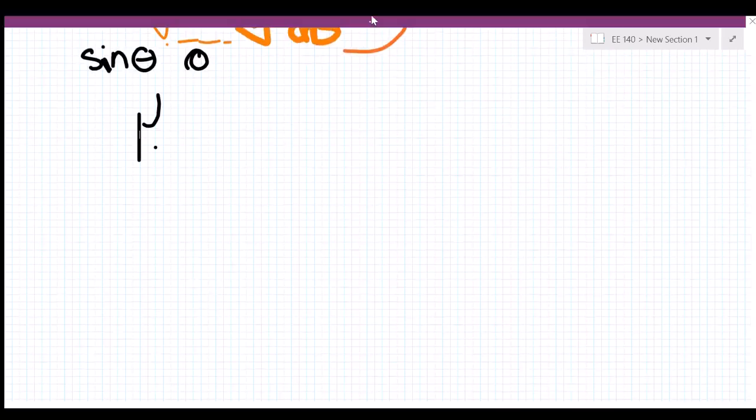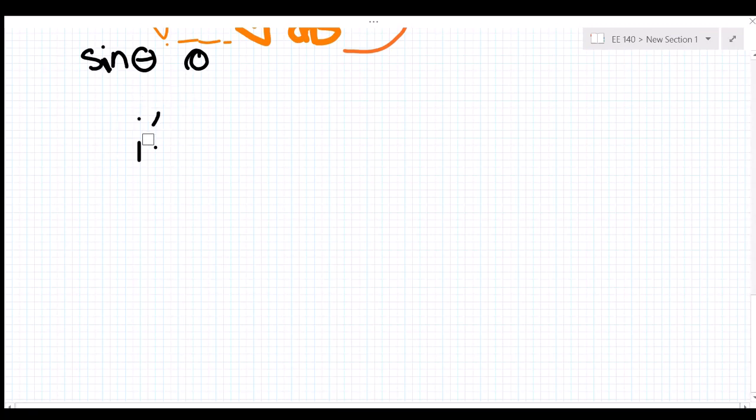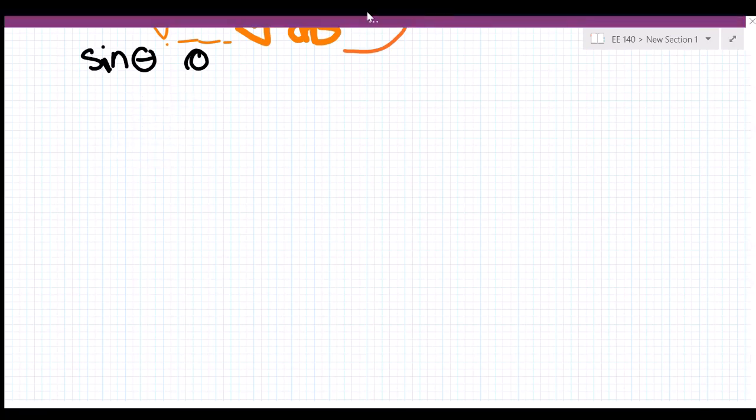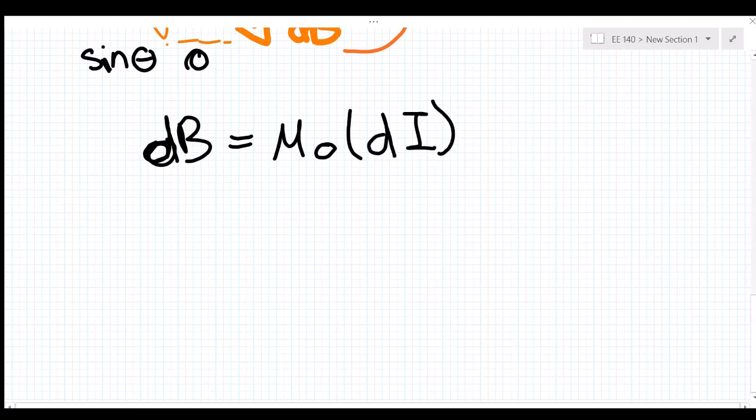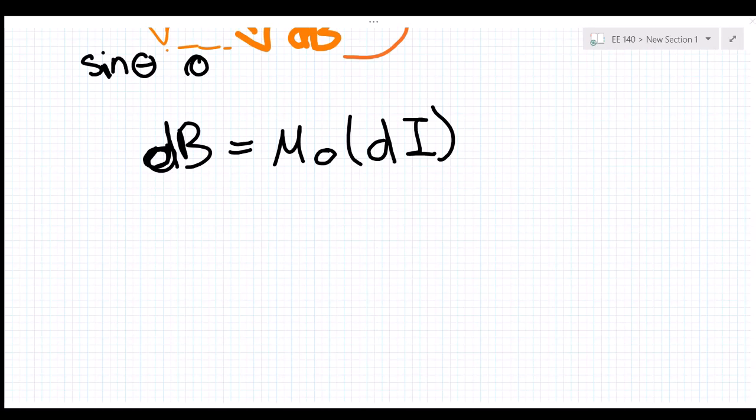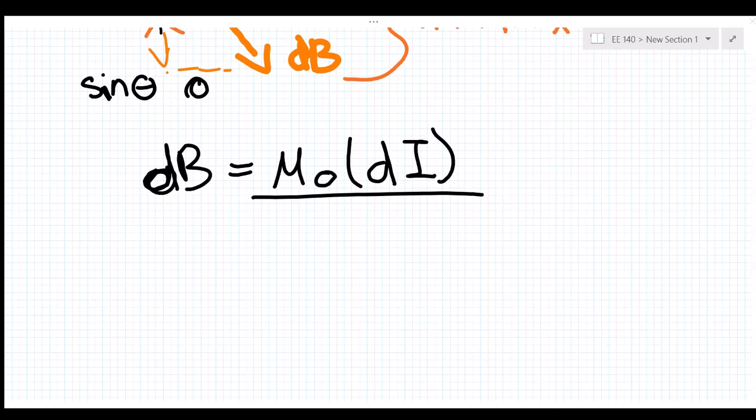Okay, so we're going to write out the magnetic field due to our tiny element dI. dB is equal to mu naught dI over 2 pi r.